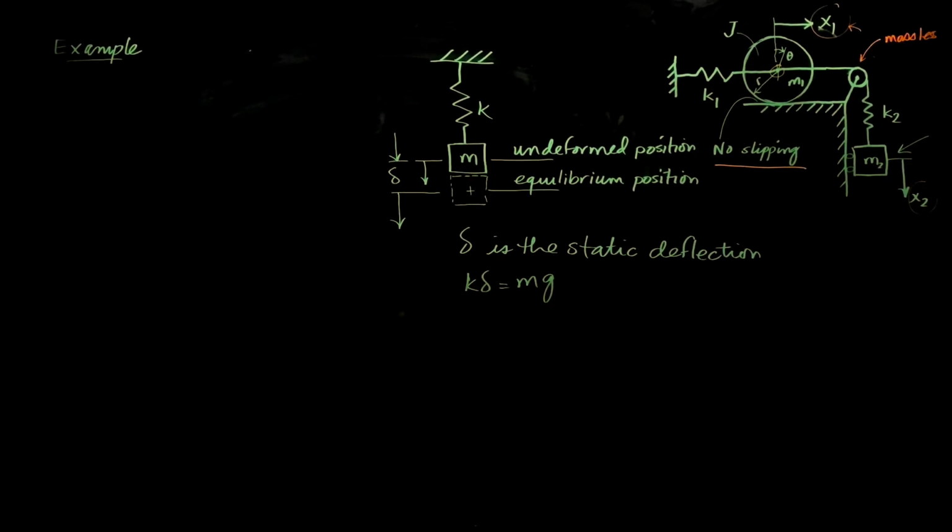Now, first, let's try and start deriving the equation of motion with measuring the motion of the mass from the undeformed position. First, I will determine the kinetic energy term, which is 1 over 2 m x dot squared.